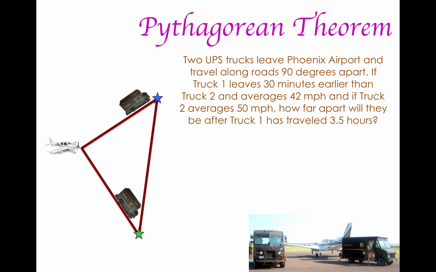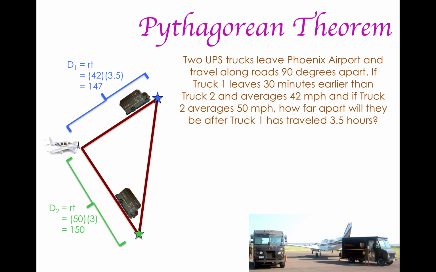Let's put some numbers to it. We know that one truck is traveling 42 miles an hour, and he's traveling 3.5 hours. The other truck is traveling faster, 50 miles an hour. Now, this is where it gets a little tricky with some of our questions, because they're telling us that the first truck traveled 3.5 hours, and that's what they want to see.